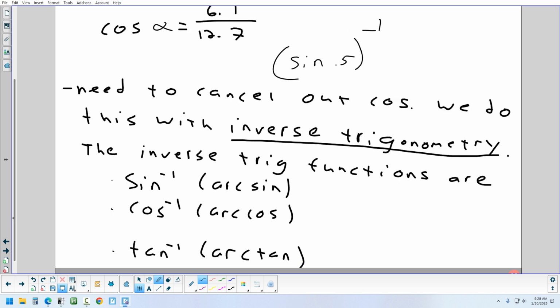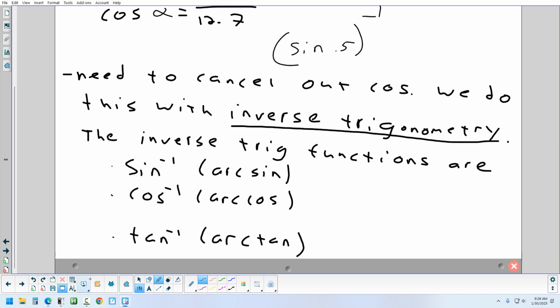And when we use an inverse trig function, the correct word to explain how we're going to use it is take. We're going to take the inverse sine of whatever our problem is. Just like if you had this, let's say, and I asked you to solve that. You'd say you take the square root on both sides.